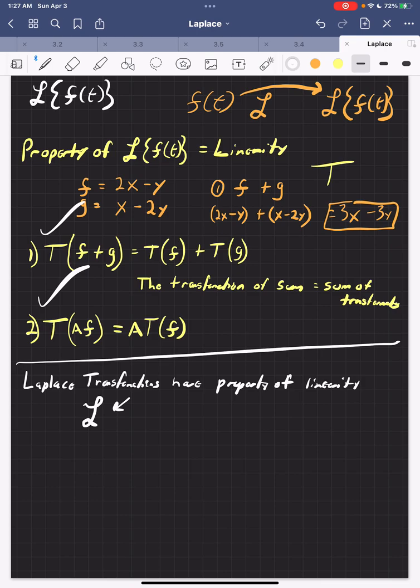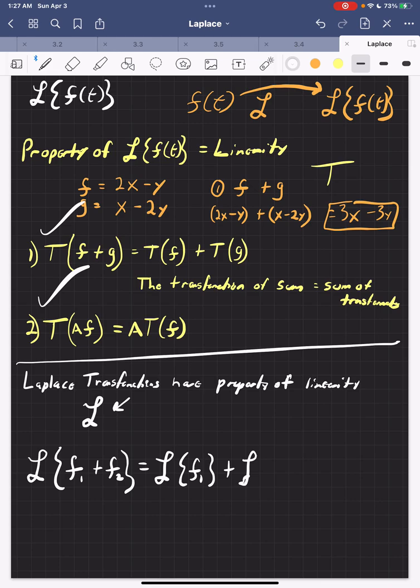So in the language of Laplace, that would mean that if you had two functions, say functions of t, you could add your two functions and then transform them, or you could transform each one individually and then add them.